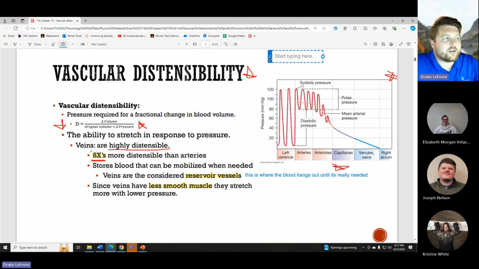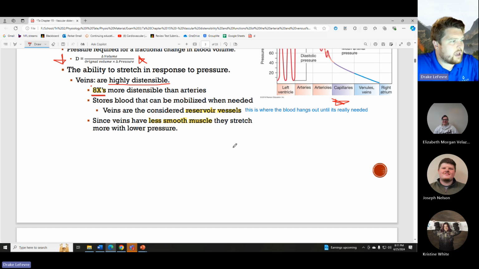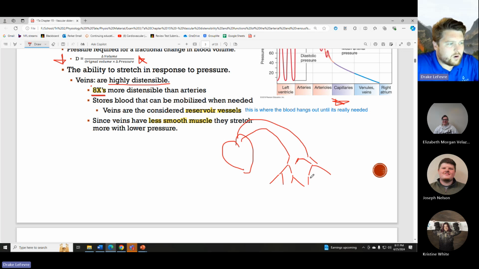And that's because the further we get away from the heart, in the sense of the whole loop. So we have our heart right here. Our aorta comes off of the heart and goes off, and then branches into arteries, and then the arteries branch into arterioles, and then those branch more.